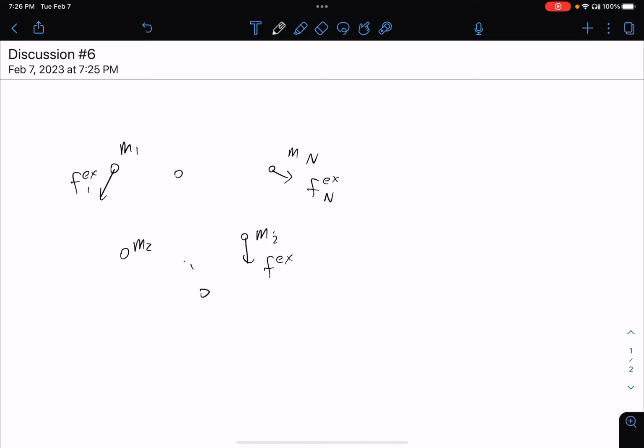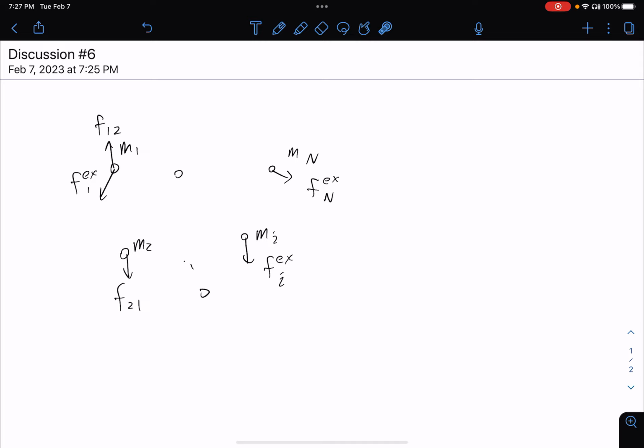And between all these points, there can be internal interactions, like mass point 2 can give a force F12. This is a force acting on 1 by 2. And then mass point 1 can also give a force back, F21.